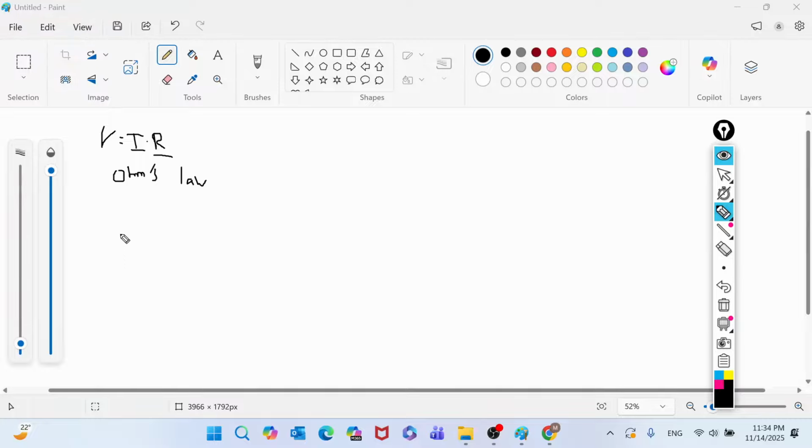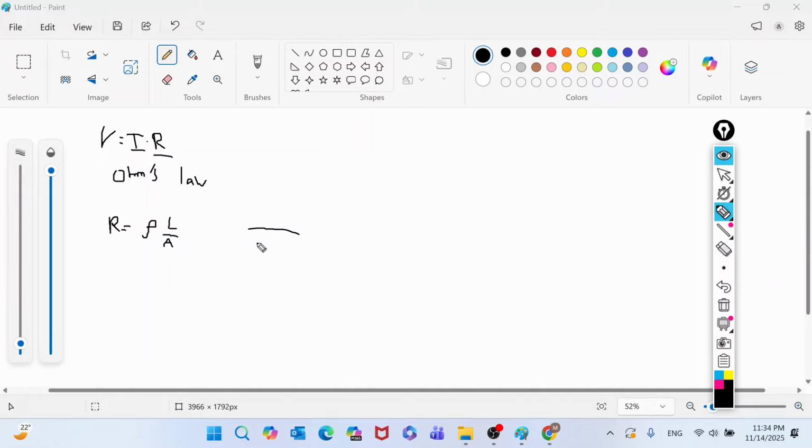Okay guys, how do we find the resistance of a wire? Resistance of a wire equals rho, which is a constant for each material. They're going to give it to you in the exam, the constant of how resistive this material is, okay? Times length over the cross-sectional area.